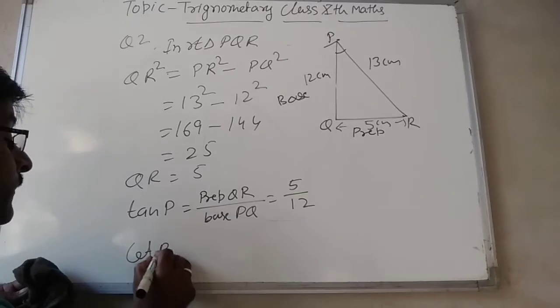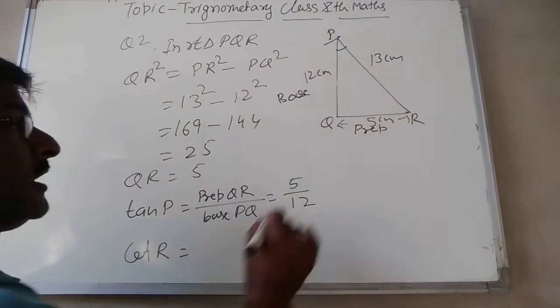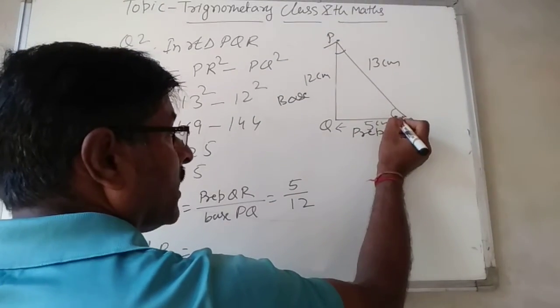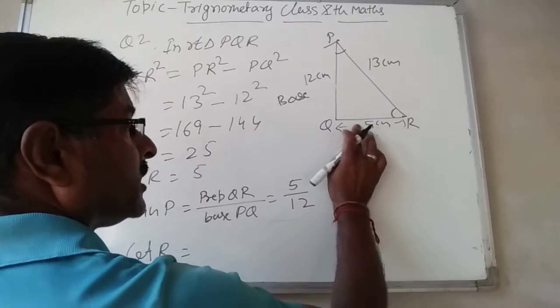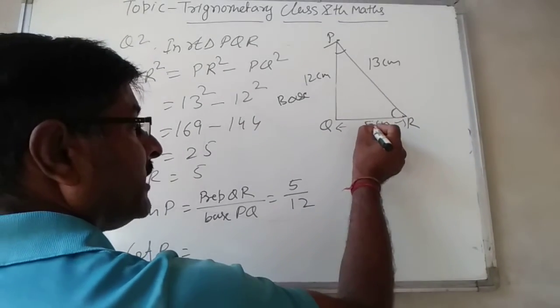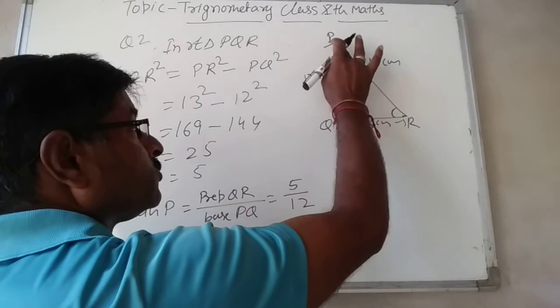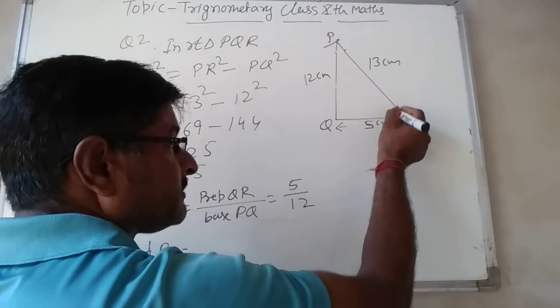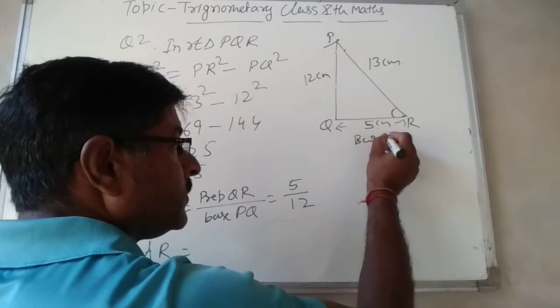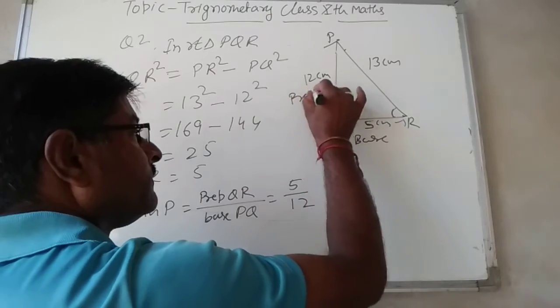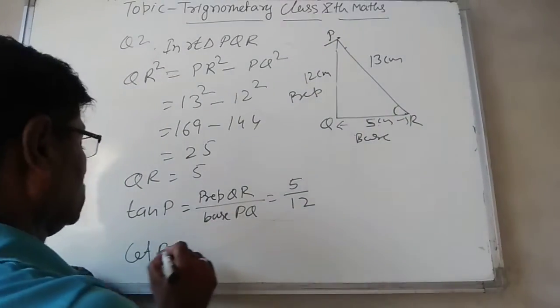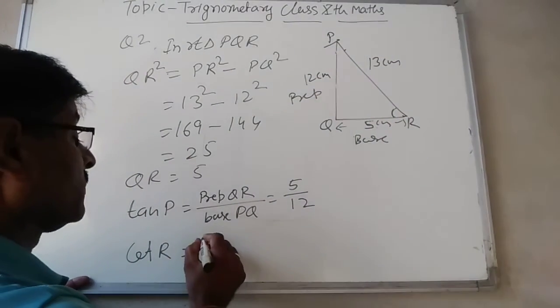Now cot R. In respect of angle R, the sides will change their names. We want to find now the ratio in respect to this angle. So in respect of this angle, this becomes the base and this becomes the perpendicular. So cot R is equal to base upon perpendicular.